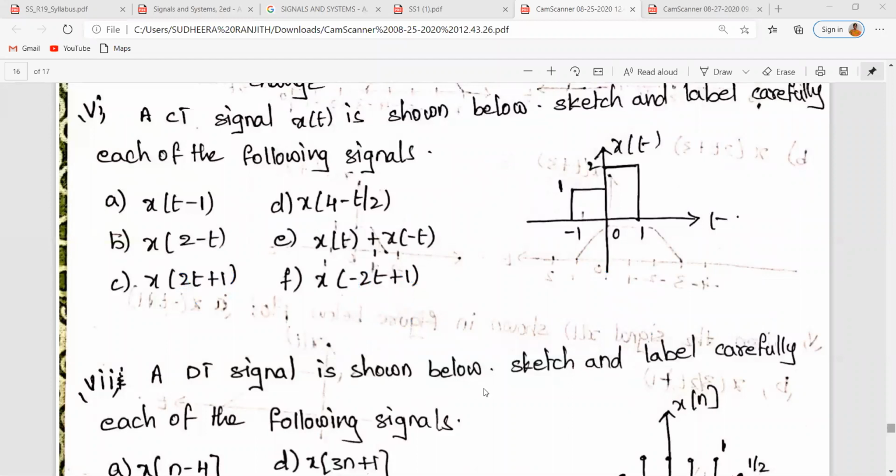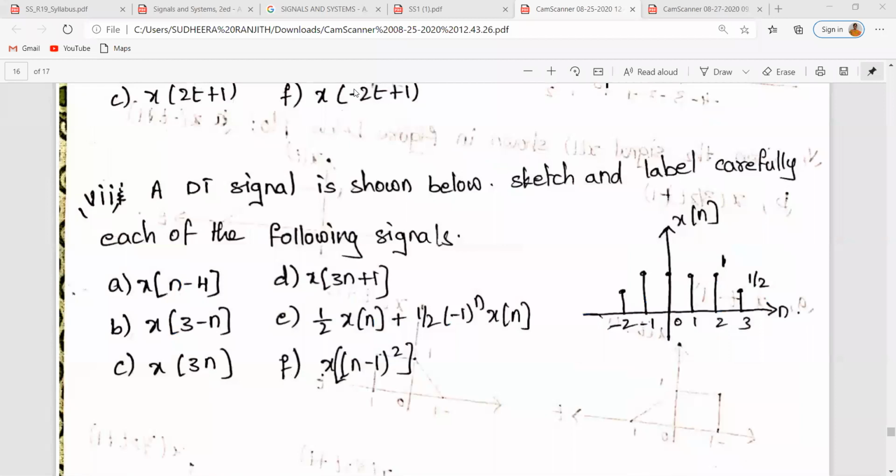And next coming to this one, x of n minus 4, slightly shifting the signal towards right by 4 units of time. And then x of 3 minus n, shifting the signal, since it is n plus 3, and since it is minus n, reversal.